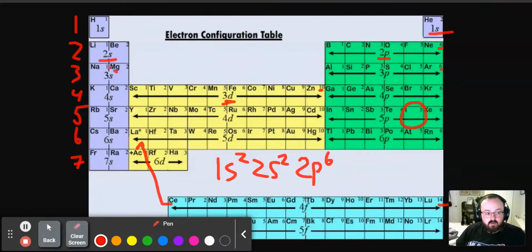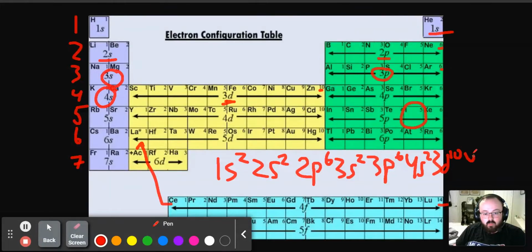2p6. We move on to the next orbital, because these are still full. 3s2. Move on to the next orbital. 3p6. Keep moving on. I'm going to run out of room here, aren't I? See if I can fit it in. 3d10. 4p6. 5s2.